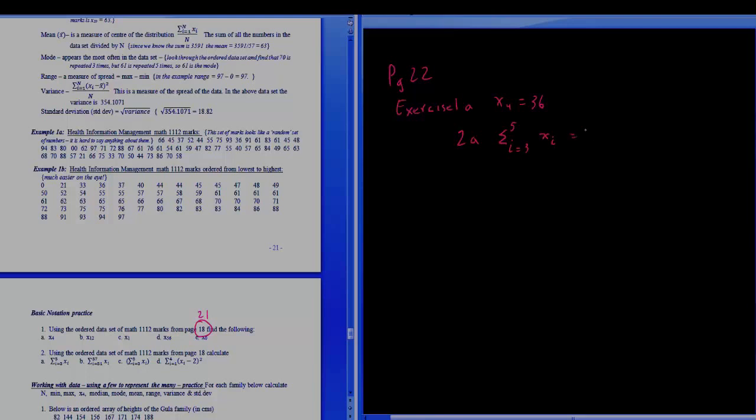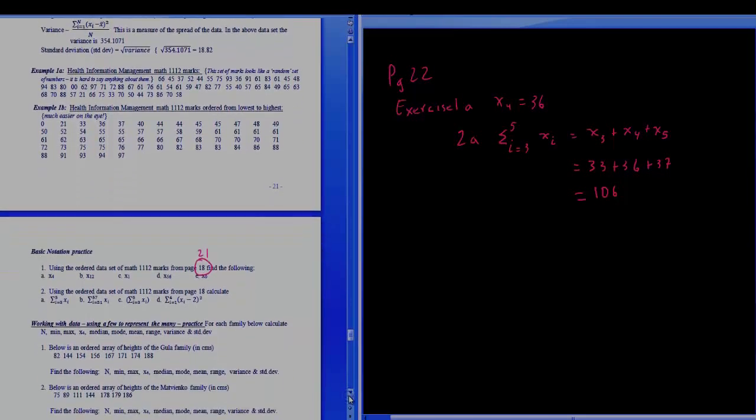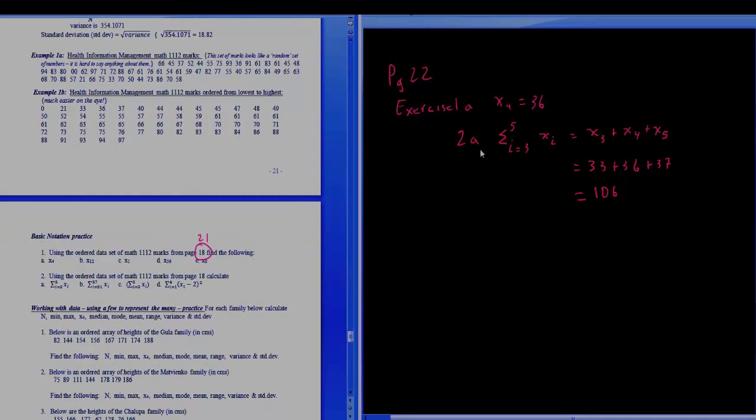So that means x3 plus x4 plus x5, which equals 33 plus 36 plus 37, and that'll equal 106. So these are fairly straightforward. You can practice with 1b, c, d, because you've got to get used to what this xi means, and you've got to get used to summation notation.